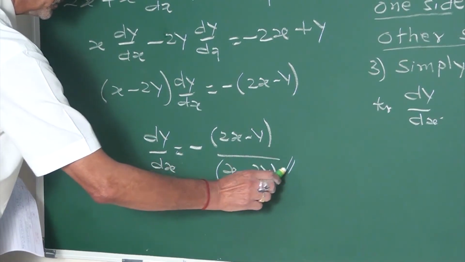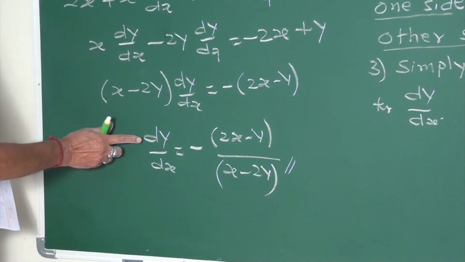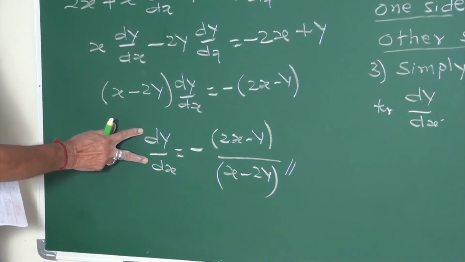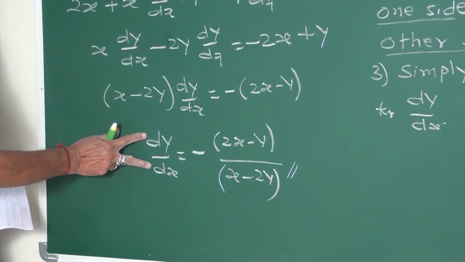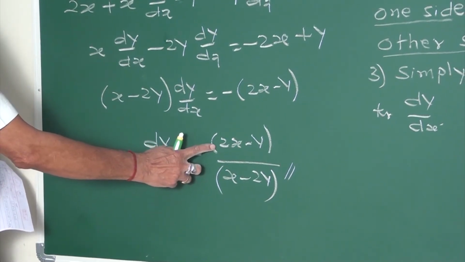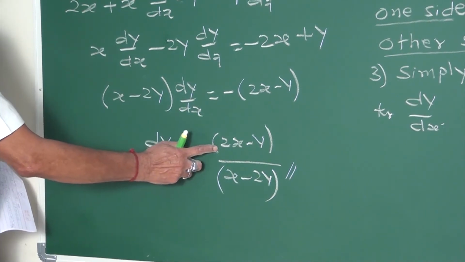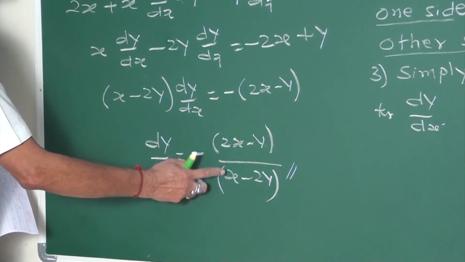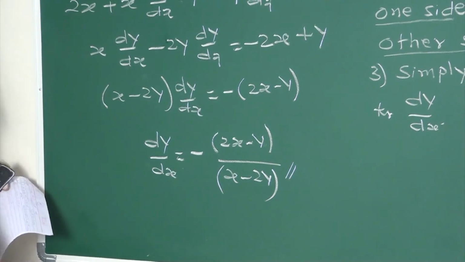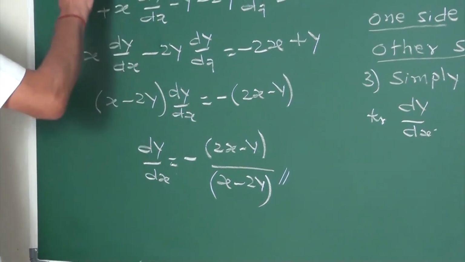You wanted dy by dx, and it is minus (2x minus y) upon (x minus 2y). If you want to simplify, write the same as (y minus 2x) upon this. That's also correct.